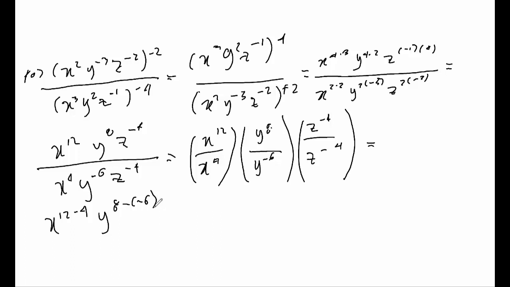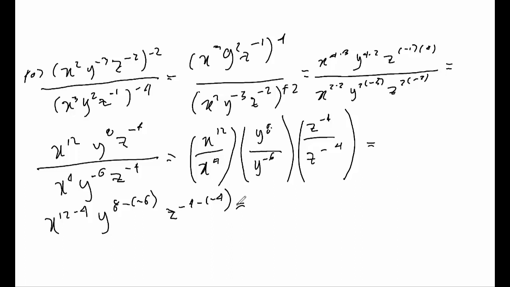Notice how I'm very careful of my signs because it's a quotient. And then I have z to the negative 4 minus 4.